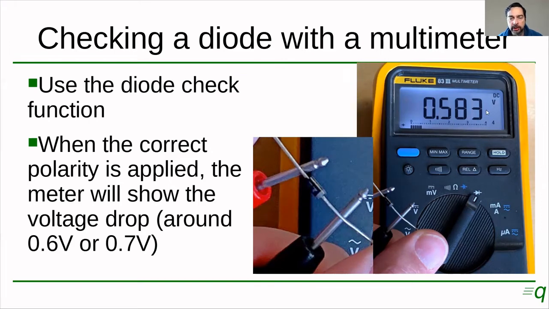So you can assume that the diode is damaged in that case, or this would go out of range and would show like zero conductivity in this direction. But as long as you measure somewhere between 0.4 and 0.7, that diode is good.